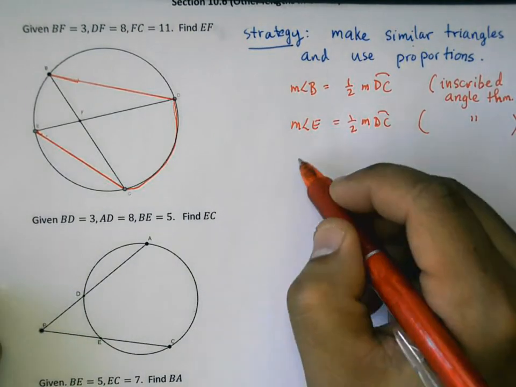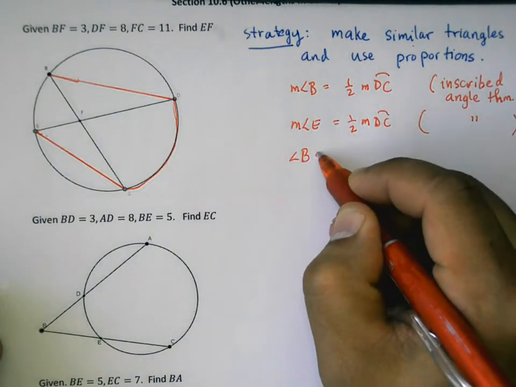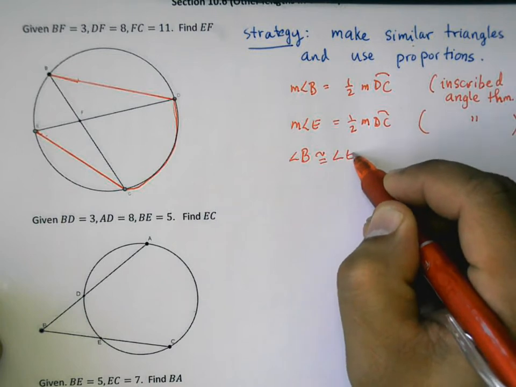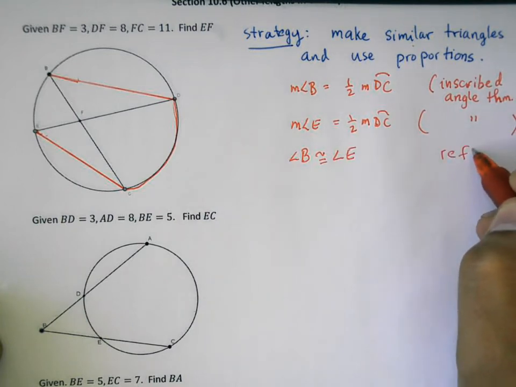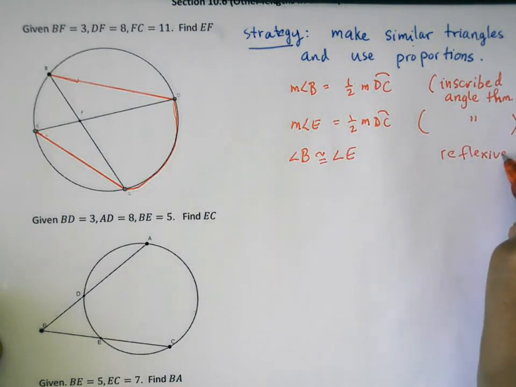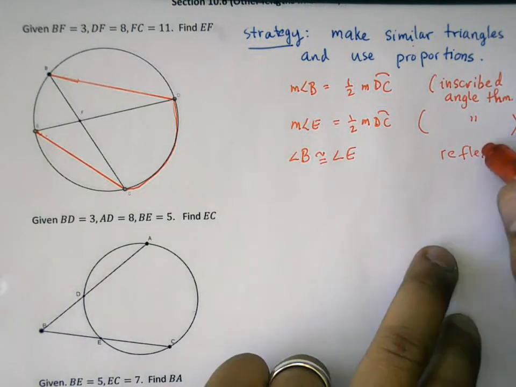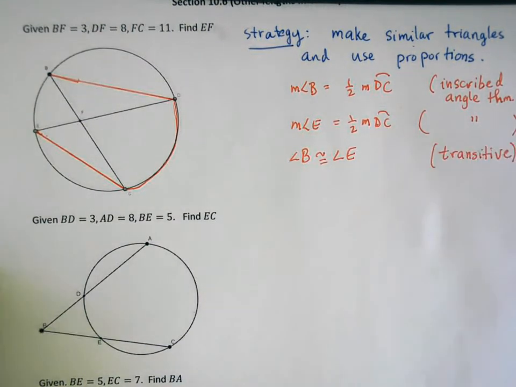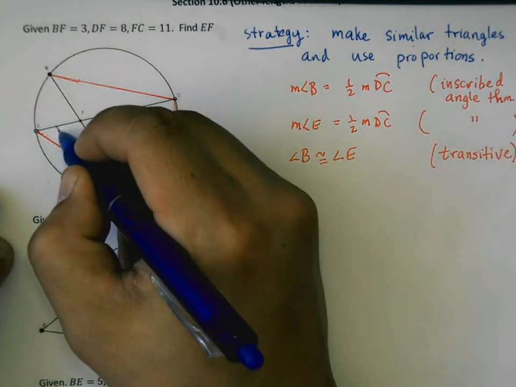So from these two facts, we can say that B must be congruent to E, and this is the transitive property. Then we can mark these two angles congruent.